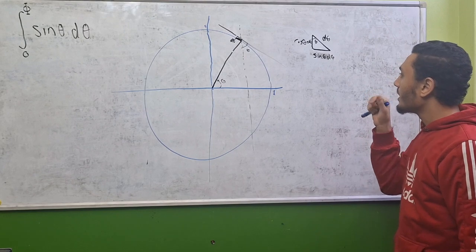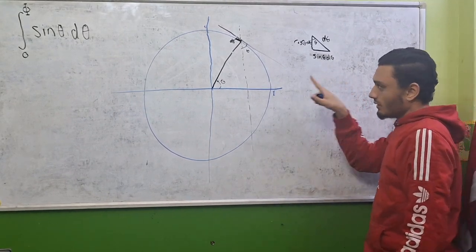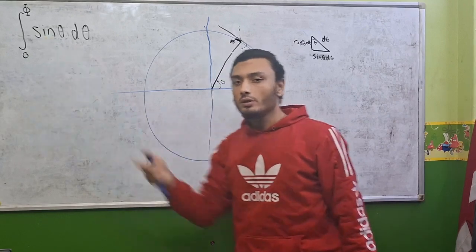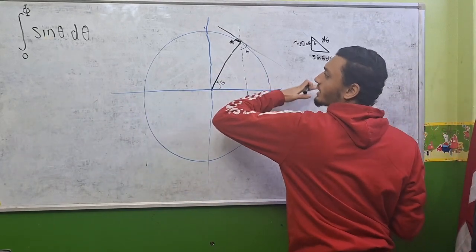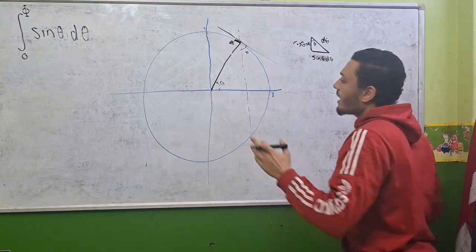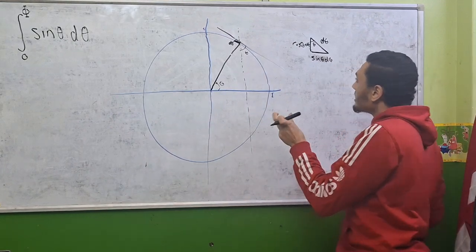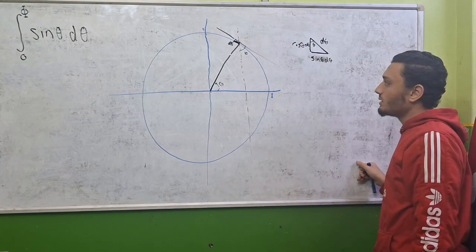So, to integrate sine theta, we need to go from 0 to phi. We need to go from theta equal to 0 until theta equal to phi, whatever this phi equals, and sum up all the horizontal segments.